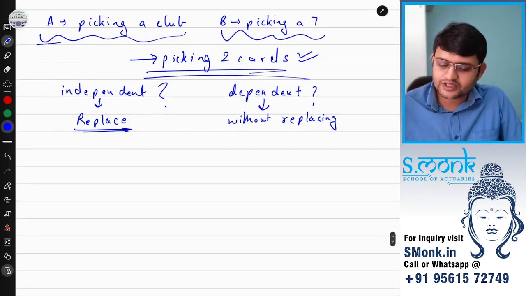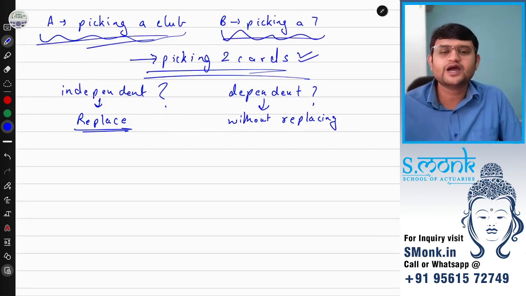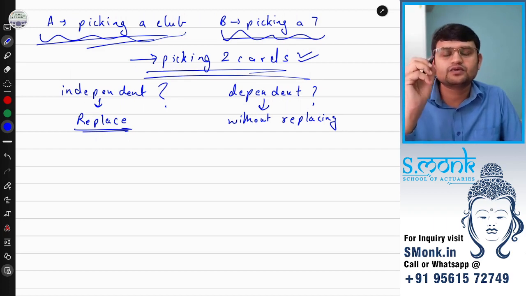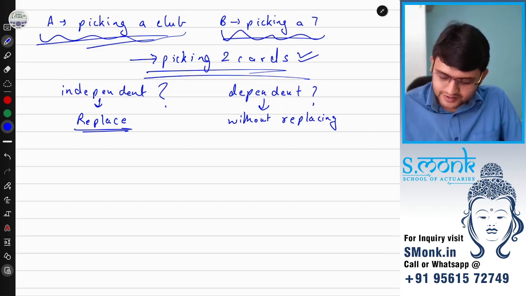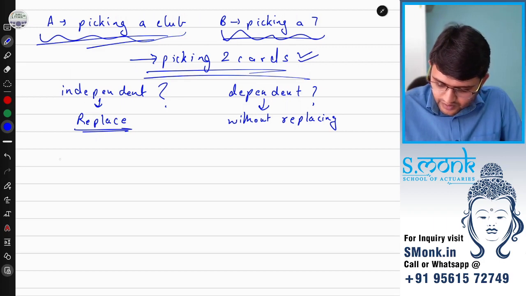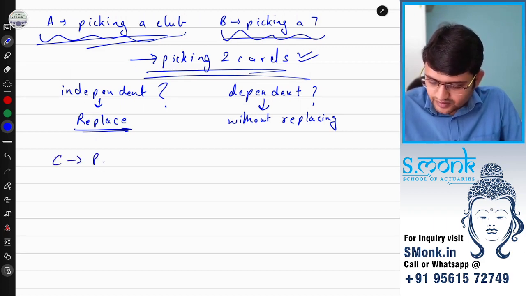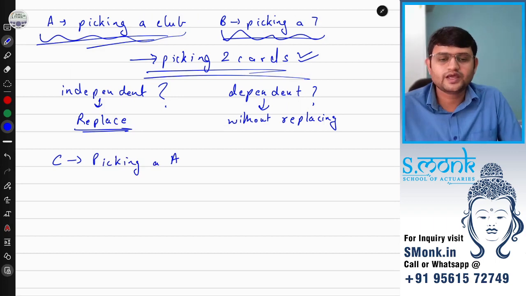Now forget about these two events. Let's assume we are talking about picking an ace. Let's say event C is picking an ace.